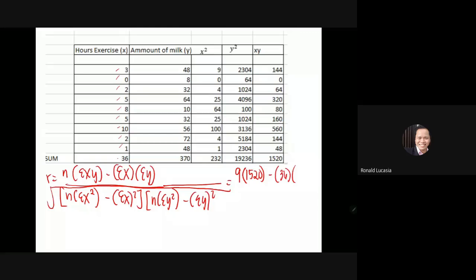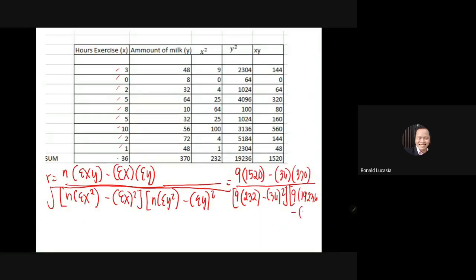This is 9. Summation of x squared is 232, summation of x is 36, and then squared. Here we have 9. Summation of y squared is 19,236 minus y, 370 squared. That's square root. So we have there the value of r, which is 0.081.